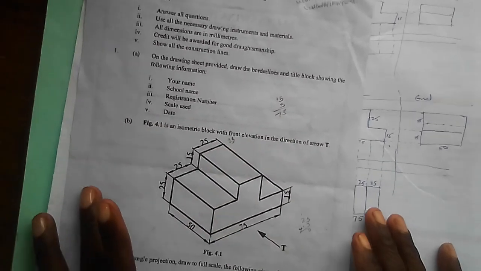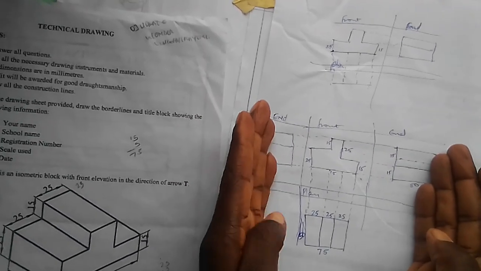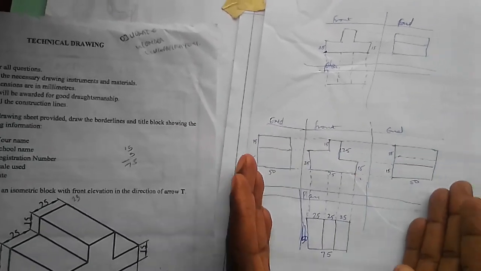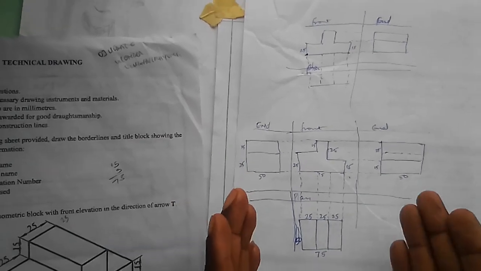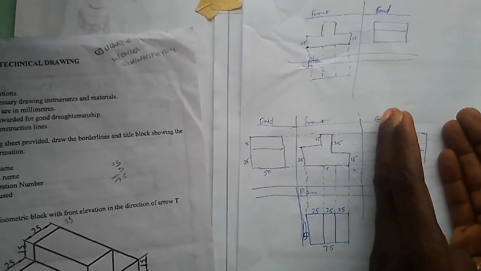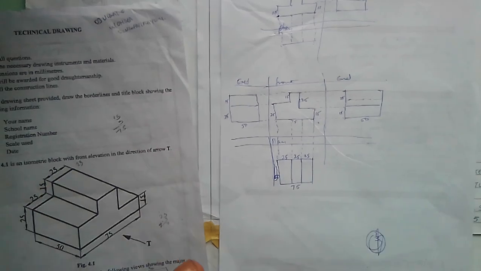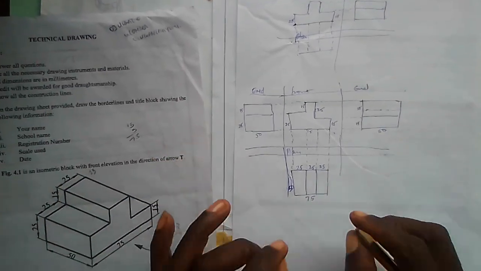So for the senior class, you should have a two-way way of drawing your principal plane, whereby the front will be at the middle. You have the end view of the right side and the end view of the left side, showing correctly the dimensions of the block. But for the junior class, there's a simple way to do it.